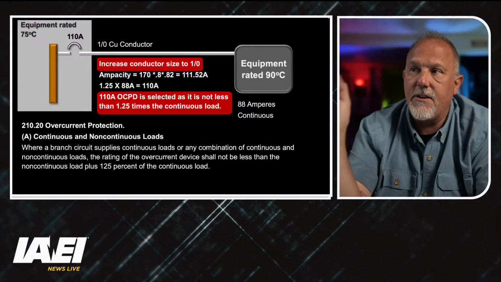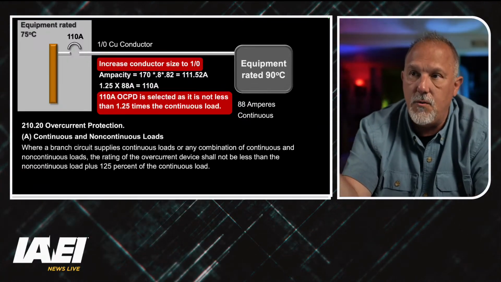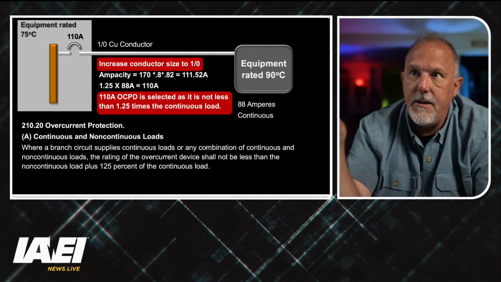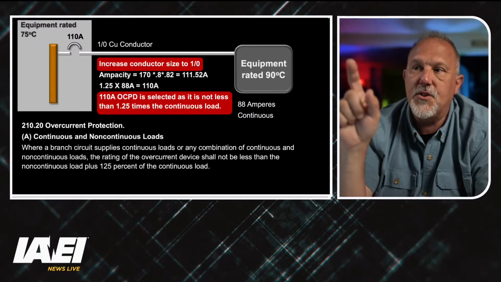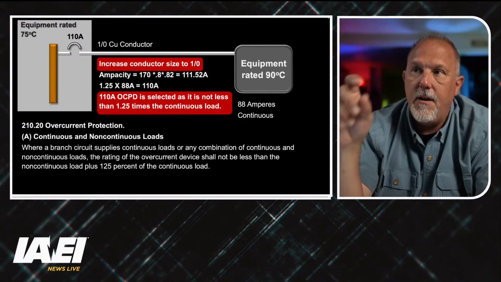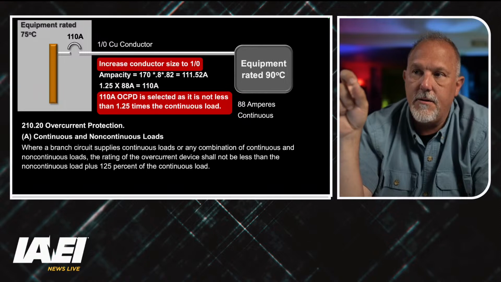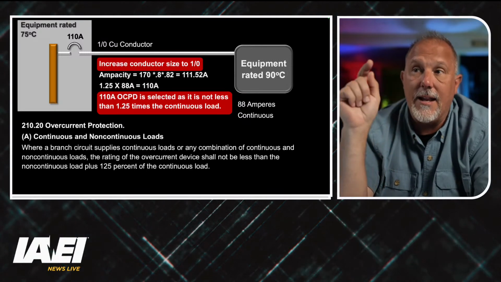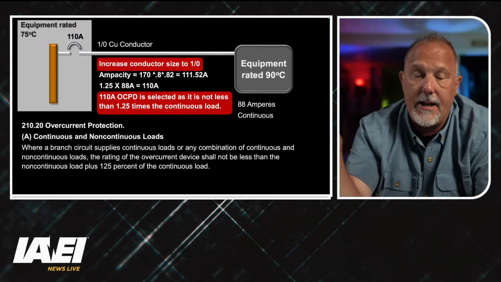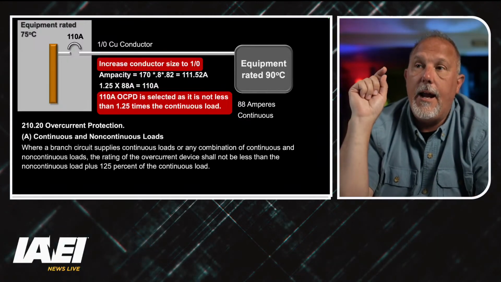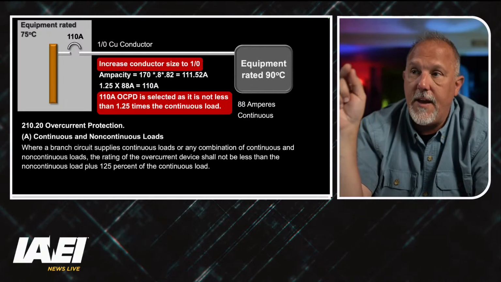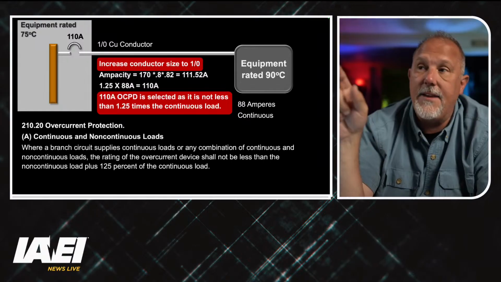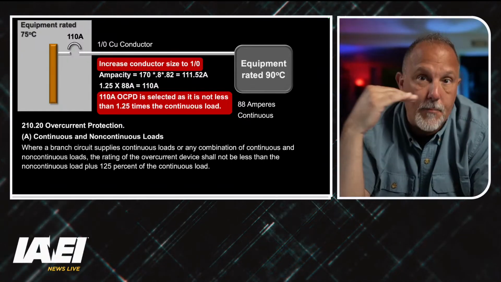The ampacity of a 1/0 at the 90 degree is 170. I do my multiplying factors, I get 111.52. 1.25 times 88 is 110. So if I put a 110 amp circuit breaker on a 1/0 conductor, then I'm golden. 110 amps is not less than 125% of 88 amps, and it's less than the ampacity of the conductor, so I'm protecting the conductor.